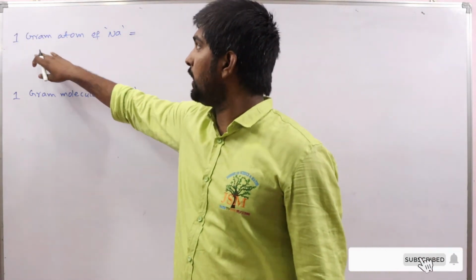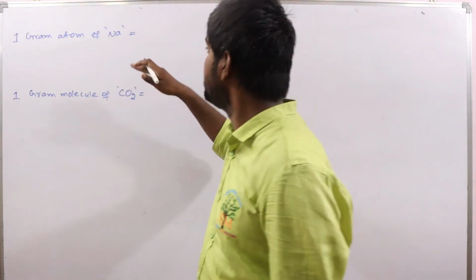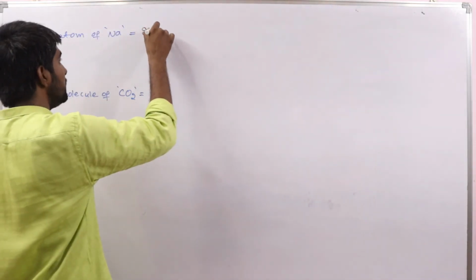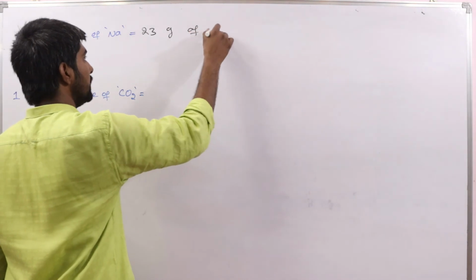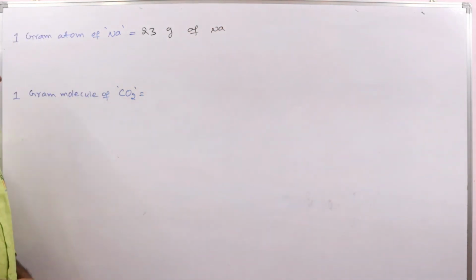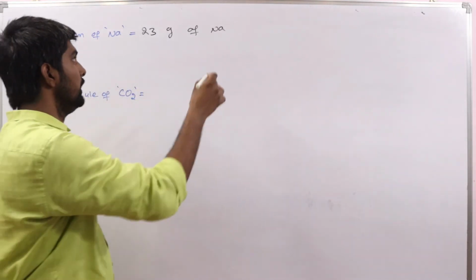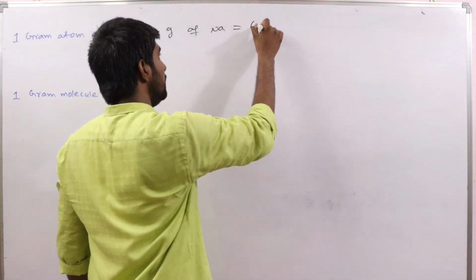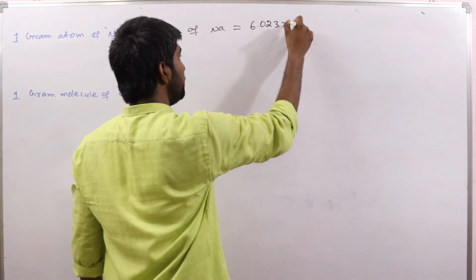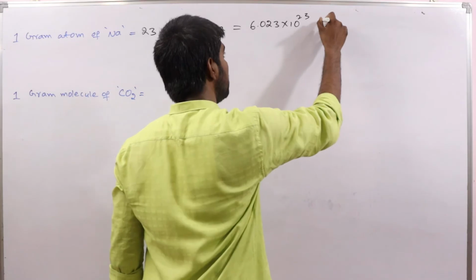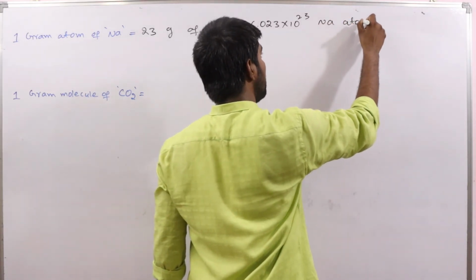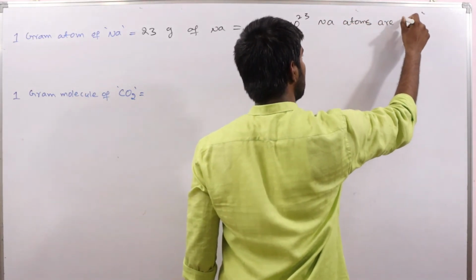Suppose 1 gram atom of sodium is given. This is nothing but 23 grams of sodium, the atomic weight of sodium expressed in grams.